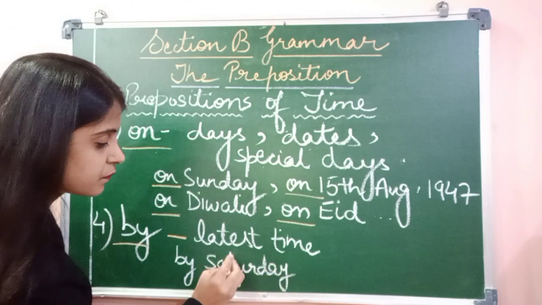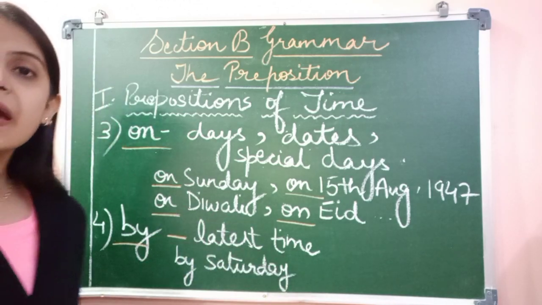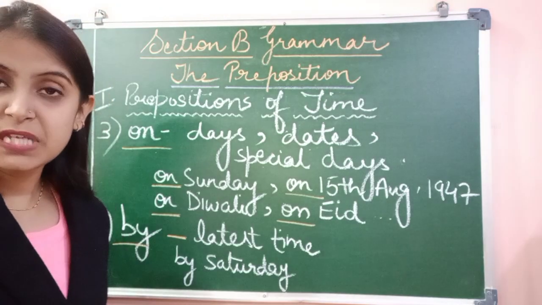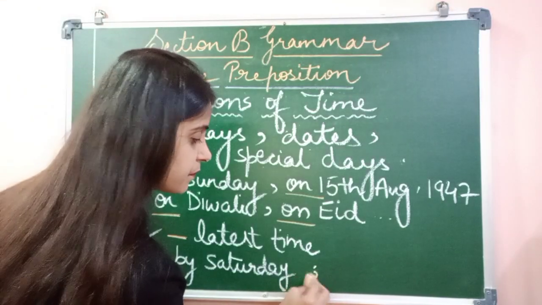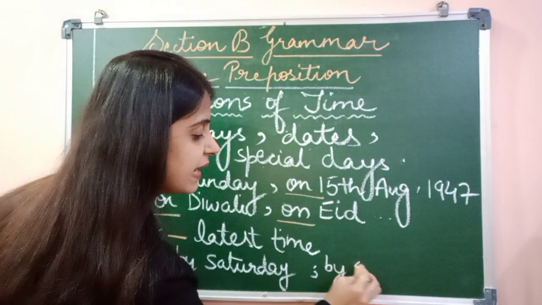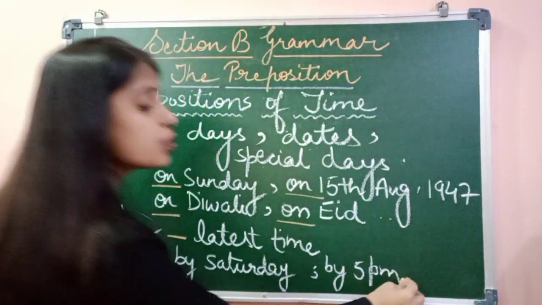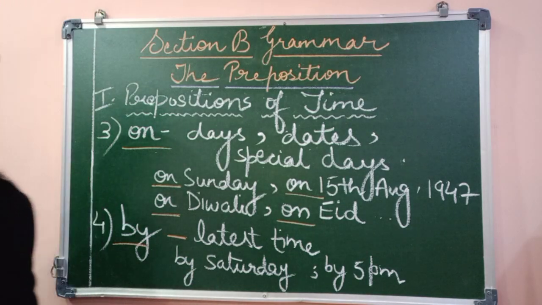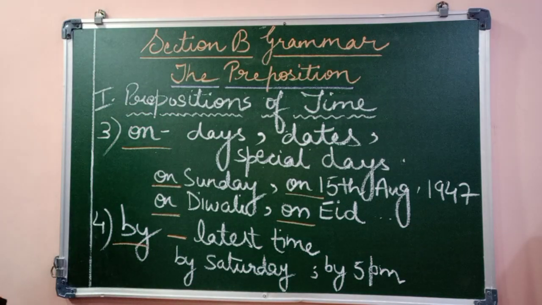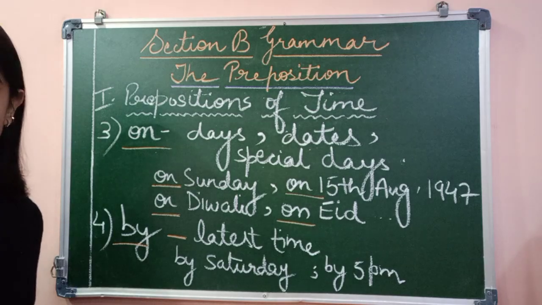Okay, come at my place today by 5 p.m., right? By 5 p.m. So by shows the maximum or the latest time, right? Children, let me tell you one thing, that by means not later than, right?